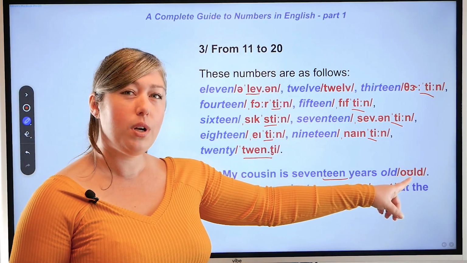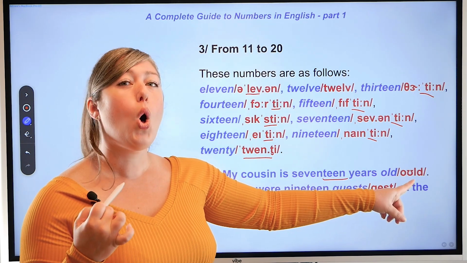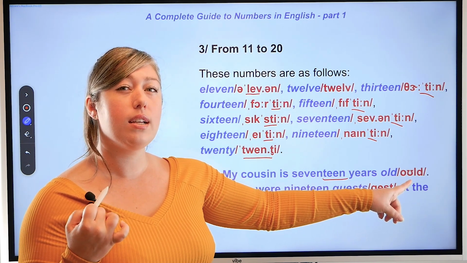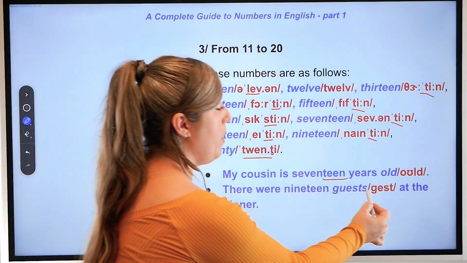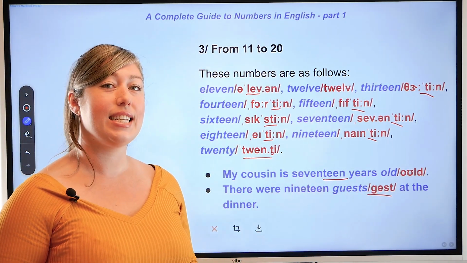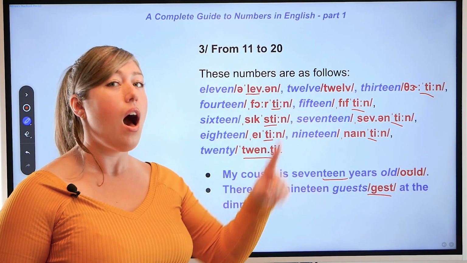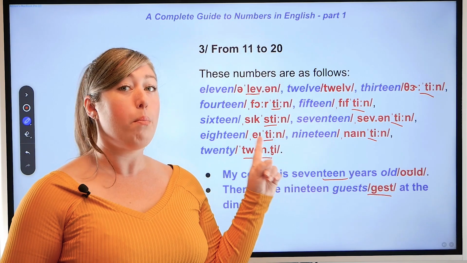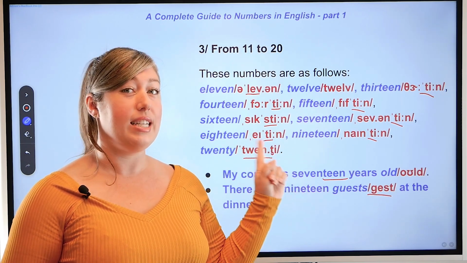When we pronounce this word, even though there is an L, it can sound a bit softer. Old, old, old. And this here, we pronounce without the U sound, guest, guest, guest. I want you to really focus on pronouncing these words with the proper stress on the proper syllable.